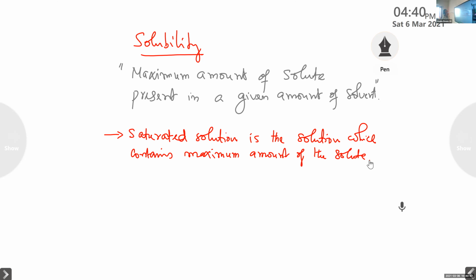That means no more solute can dissolve in the solution.